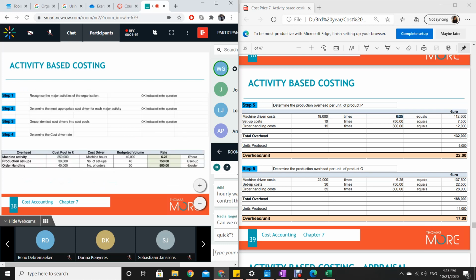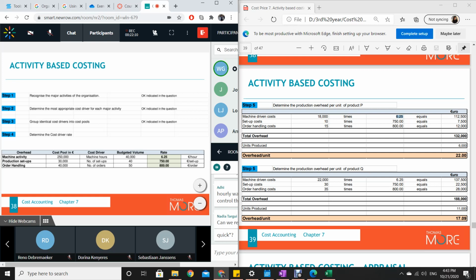Here, step 3 is actually not done: group identical cost drivers into cost pools, because we always have only one cost pool with one cost driver. So when we have more activities with the same cost driver, we can put them together.